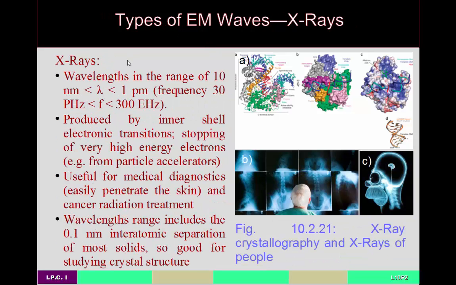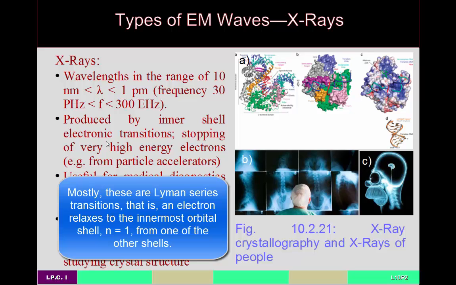Okay, after the UV, the next part of the spectrum is X-rays. And these ones actually can have wavelengths down to about a picometer. And what basically this does is it's produced by very far inner shell electronic transitions in large atoms.